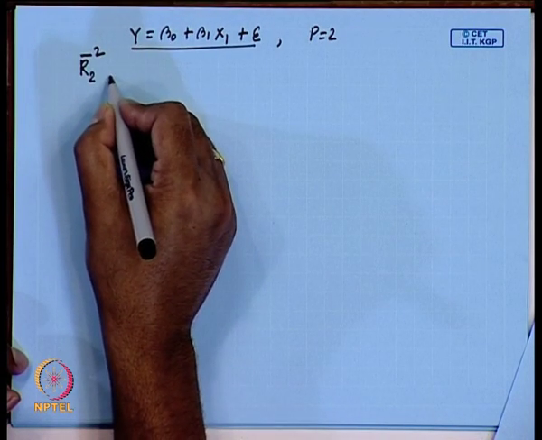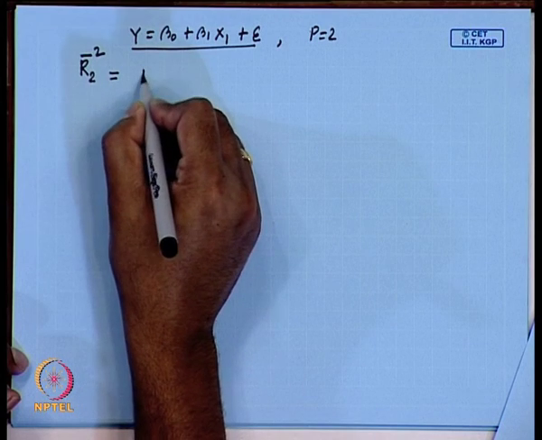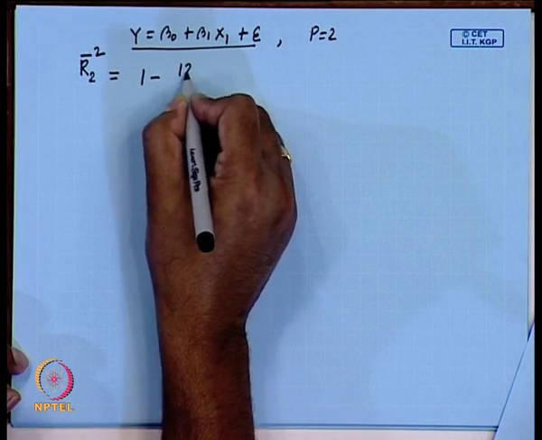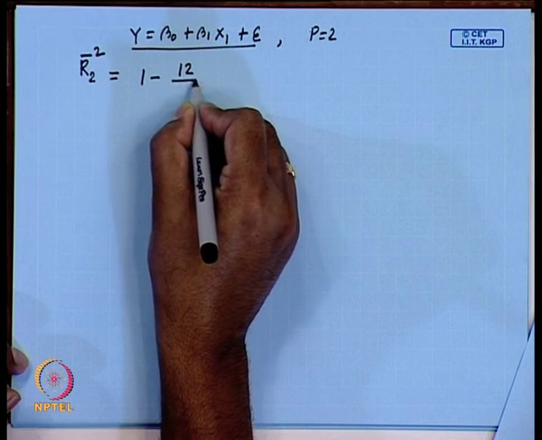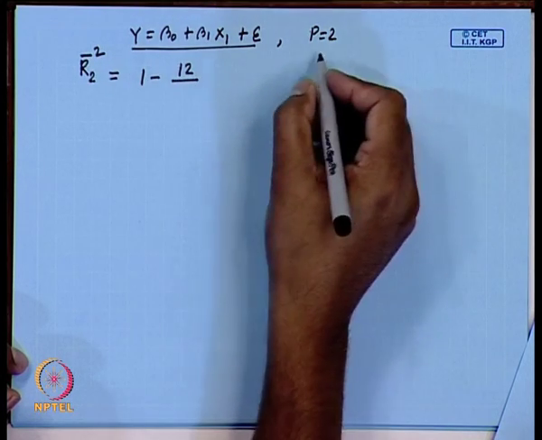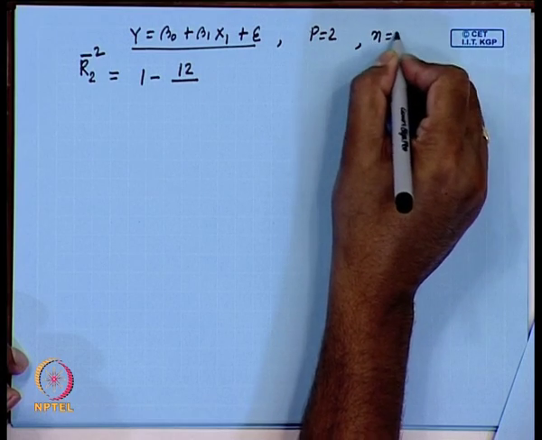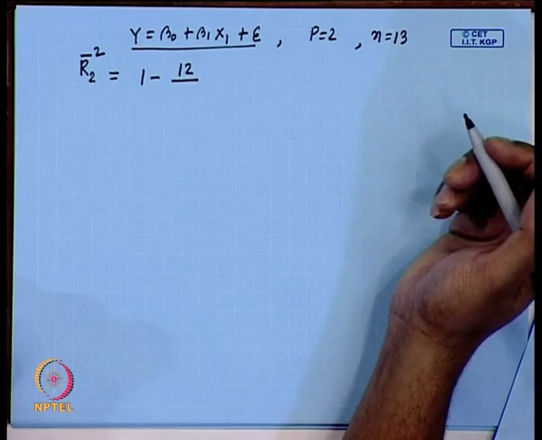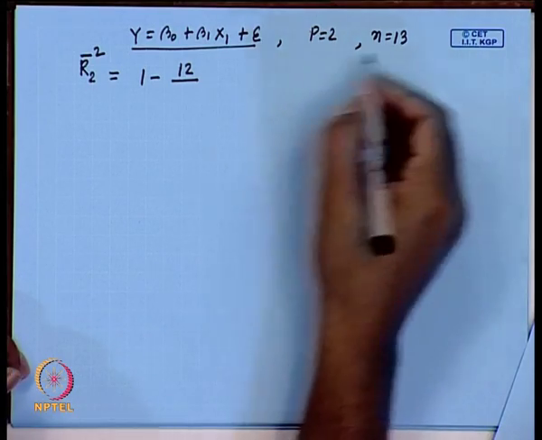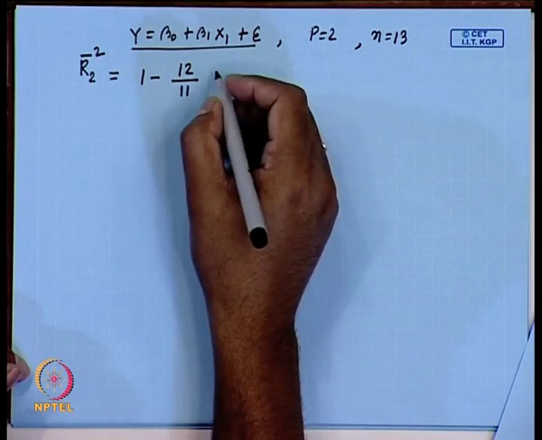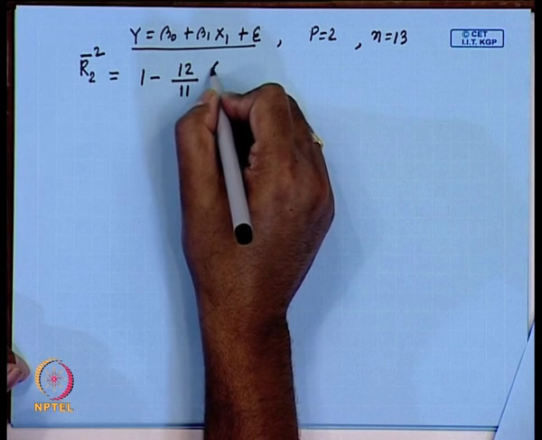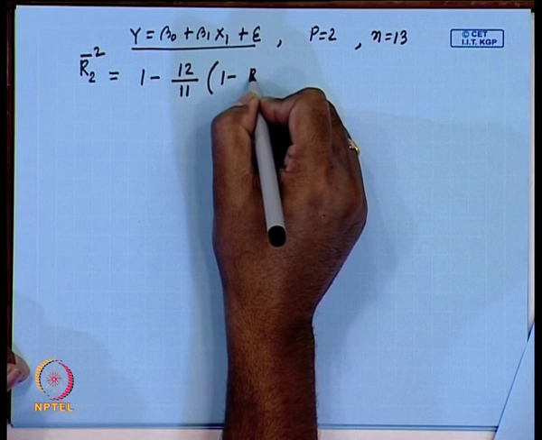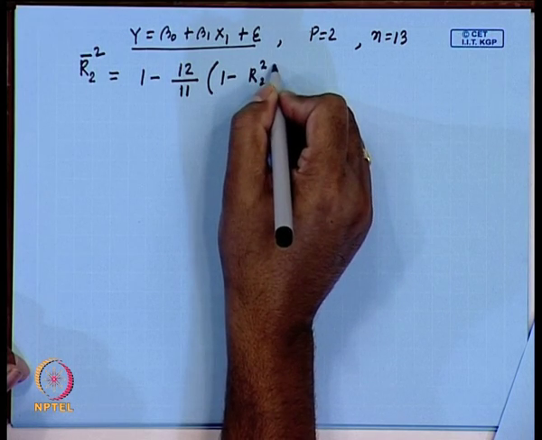So, this one is equal to 1 minus n minus 1, that is 13 minus 1, 12, by n minus p, n is equal to 13 for that hald cement data. So, n minus p is equal to 11, and 1 minus R 2 square.